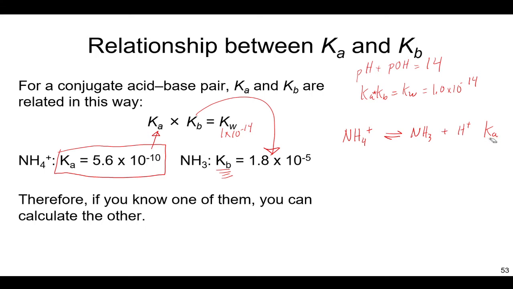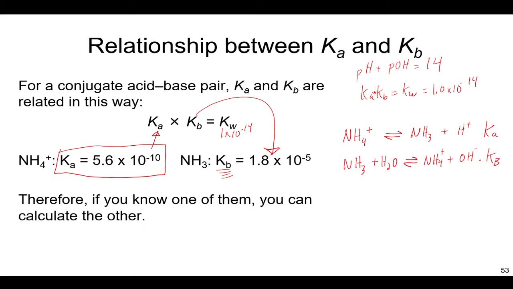It's a Ka because it's an acid. At least how I've written it, the reactant is an acid here. Now, for NH3, what does NH3 do in water? Well, it's a base, so it accepts that proton to make NH4+, and it creates OH-, and there's a Kb associated with that.